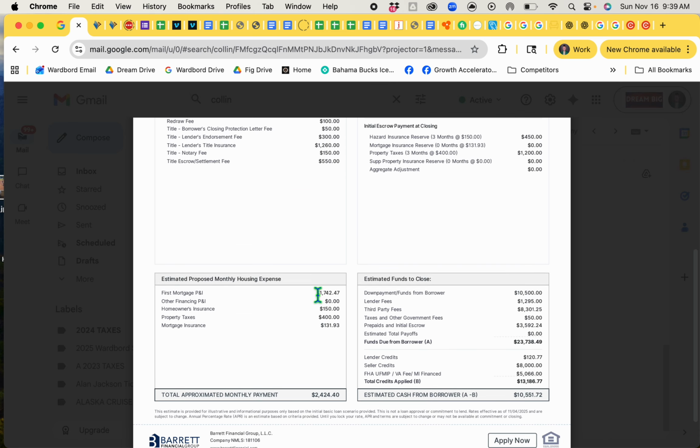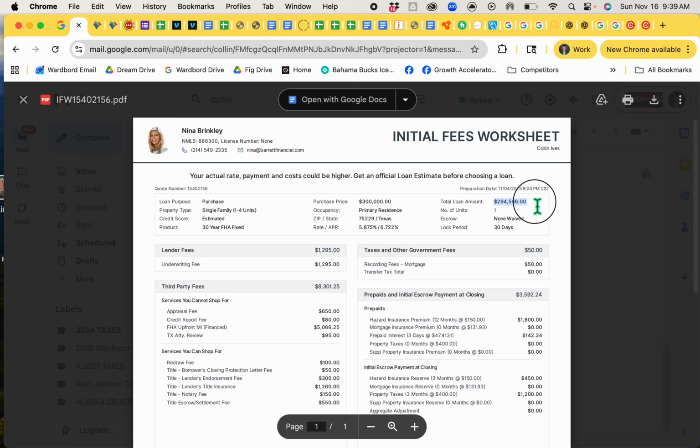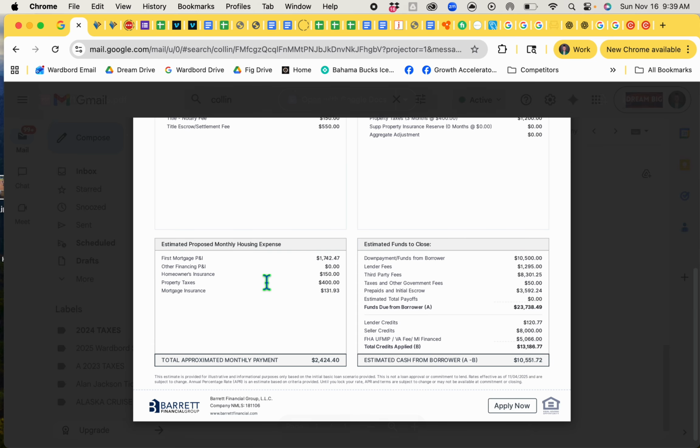But let me go down here and just show you what you really need to see. This is what your estimated monthly payment would be for a $294,000 loan. Here's what we need to pay attention to, and here's what matters. This is your estimated monthly payment, and it breaks down piece by piece everything that comes together to make your total payment of $2,400.